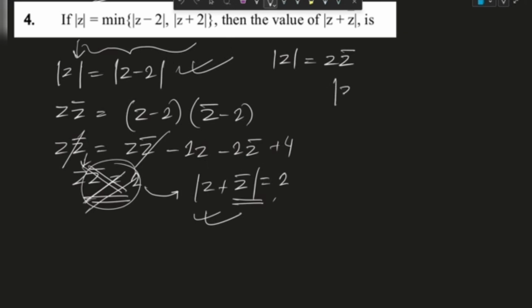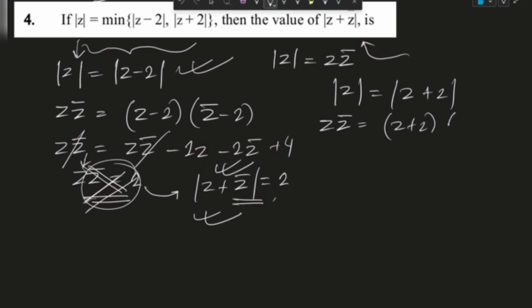Similarly, what we will do is we will check with mod of z plus 2 once, because although we have to find this, our duty is always to check both boundary line conditions. So this will become mod of z plus 2. This is again z z conjugate equal to z plus 2 into z conjugate plus 2. This is 2, I guess. Don't mix between z and 2.